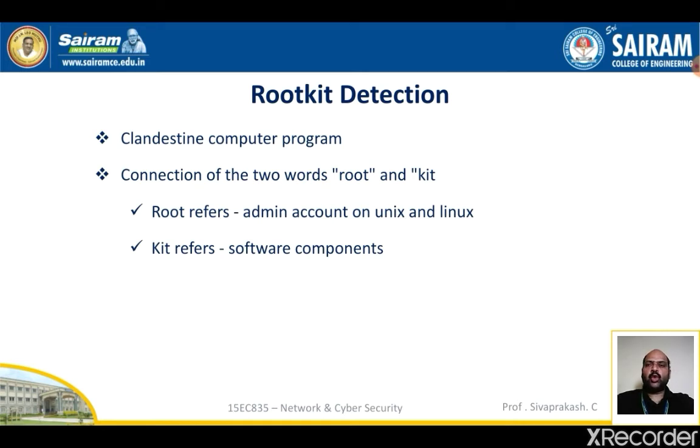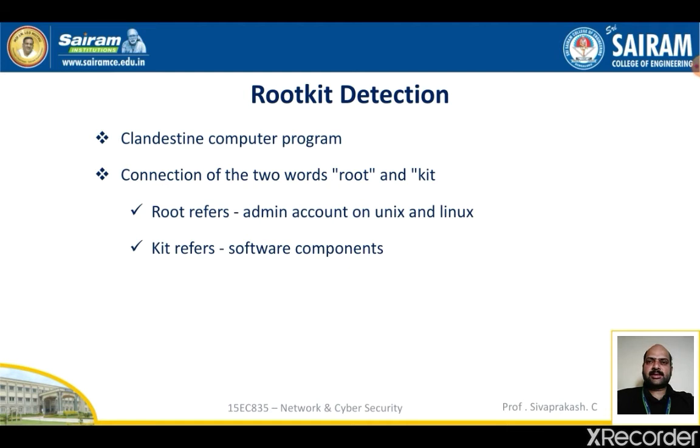Originally, root was a collection of tools that enables administrator level access to a computer or a network. Generally, root refers to the admin account on Unix and Linux systems. Kit refers to the software components that implement the tool.